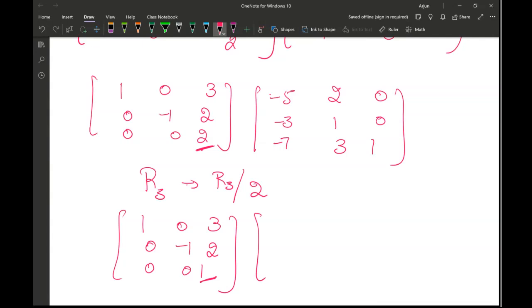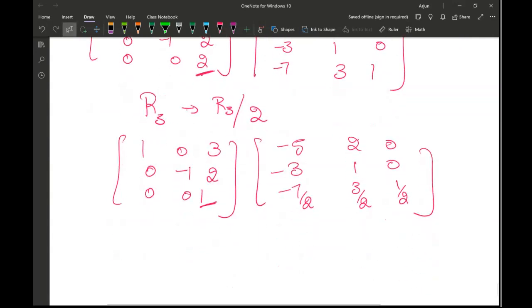Because I wanted to convert everything into an identity matrix, minus 5 2 0, minus 3 1 0, minus 7 over 2, 3 over 2, 1 over 2. All right, now next operation will be on R2.